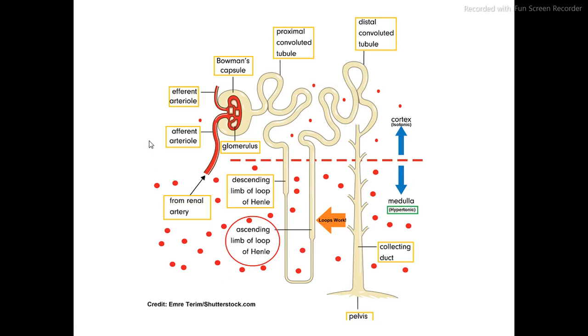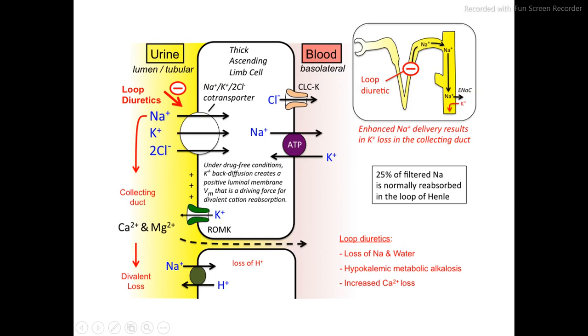It inhibits the sodium-potassium-chloride co-transporter. Loop diuretics enhance sodium delivery, which results in potassium loss in the collecting ducts. They block about 25% of the filtered sodium, which is normally reabsorbed in the loop of Henle.